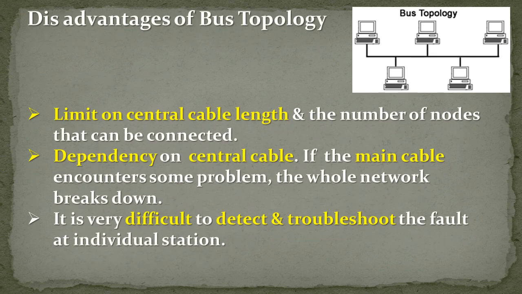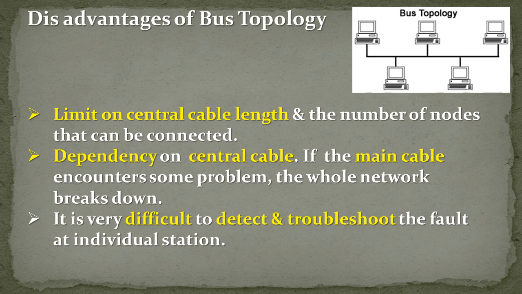Disadvantages of bus topology are the limit on central cable length and on the number of nodes that can be connected. There is also dependency on the central cable. It means your whole network system is totally dependent on the central cable.